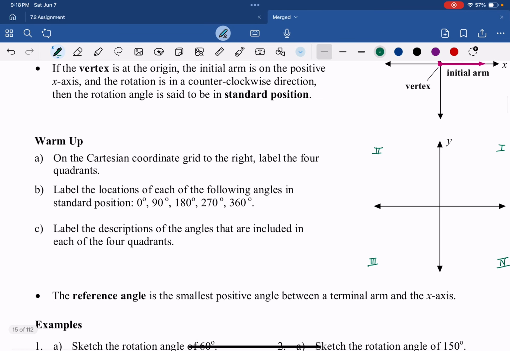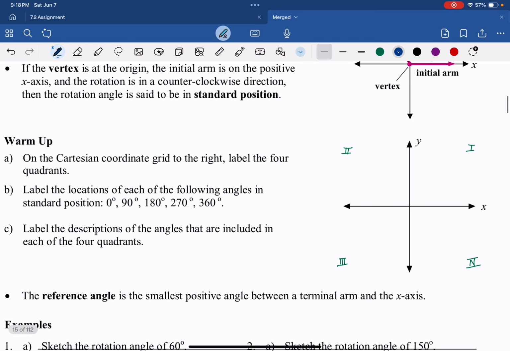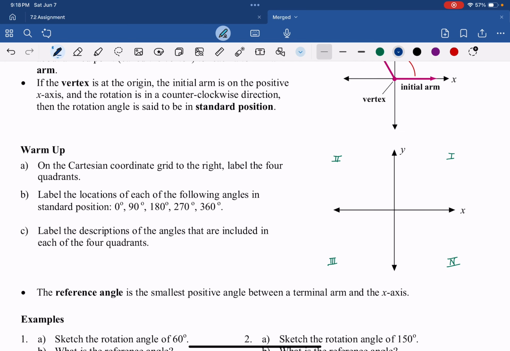So to get each of our angles here, if we're starting, we always start from this x-axis. That means that we're starting at 0 degrees. Our y-axis up here will be 90 degrees. We add another 90, we get to 180, down to 270, and then back around to 360 degrees.